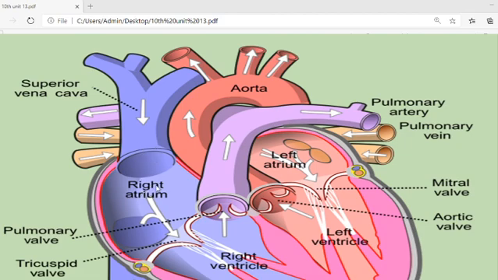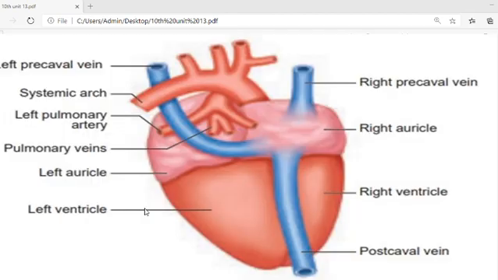The right auricle receives deoxygenated blood from 2 precaval veins and 1 postcaval vein, that is, 2 superior vena cava and 1 inferior vena cava. The blue color represents the deoxygenated blood.